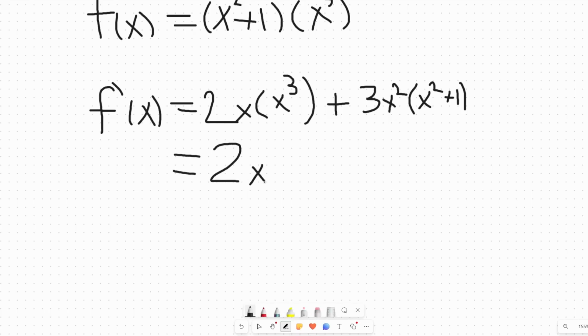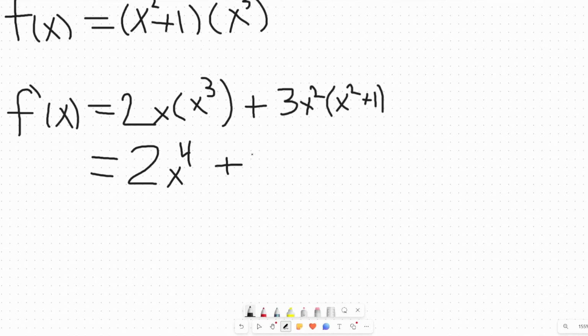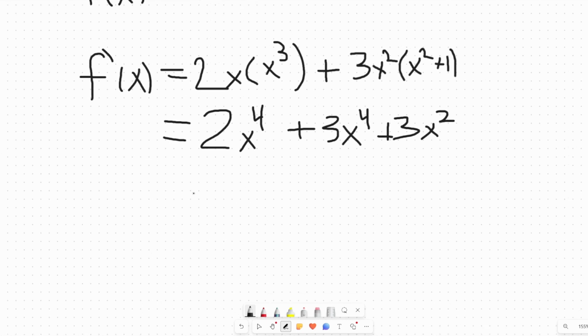So 2x to the 4 plus 3x to the 4 plus 3x squared. So now it simplifies to 5x to the 4, my bad, plus 3x squared. All right, boom. Question 2 done.